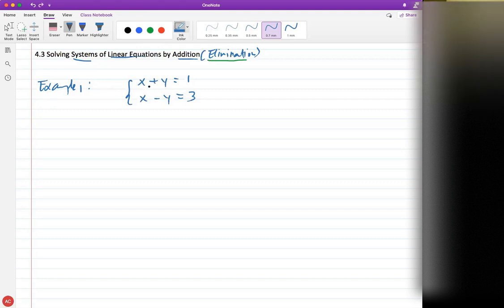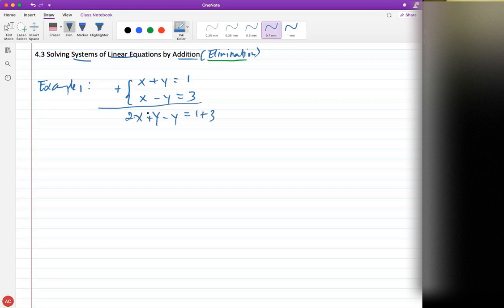So in this case, if we add the two equations side by side, x plus x would be 2x, and you have y minus y. So plus y and minus y together, and on the other side we can add the numbers also together.